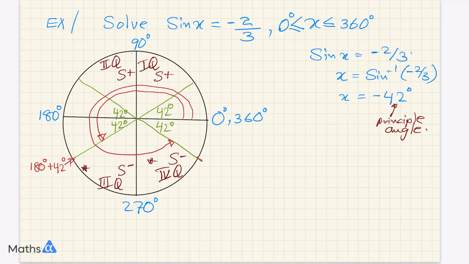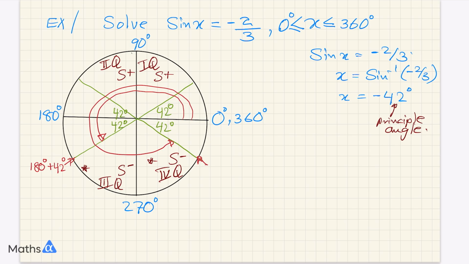We can read it here. We know that up to here it is 360, so we can actually take away this angle to get this angle. So you can see when we draw these two lines, it helps us to basically get these solutions.